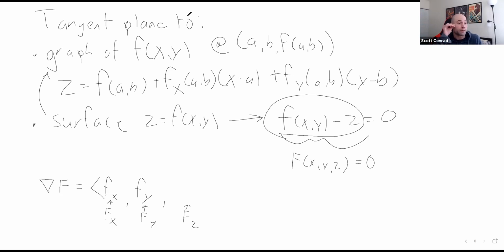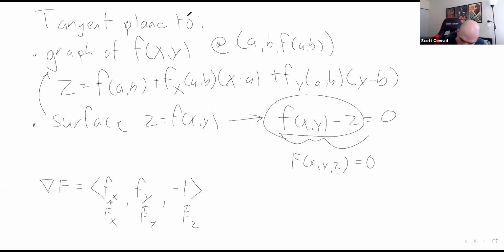It's going to be -1, right? Because when you take the partial of little f(x,y), that's just a constant, because we're treating everything but z as a constant, so that's going to be 0. And then minus z becomes -1.